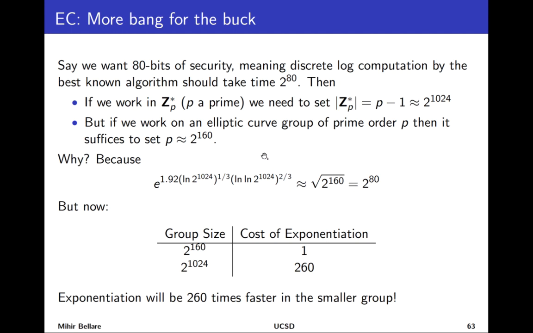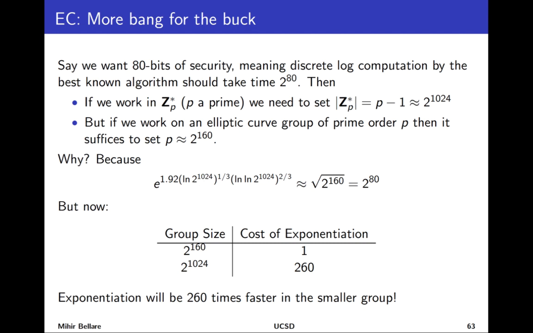How do you get these estimates? You ask yourself, how big does the prime P have to be for a group Z_P star before the effort to compute discrete logs hits 2 to the 80? Since this is the running time of the best algorithm, you're effectively saying, how big does P have to be before this hits 2 to the 80? And the answer is something like 2 to the 1024.